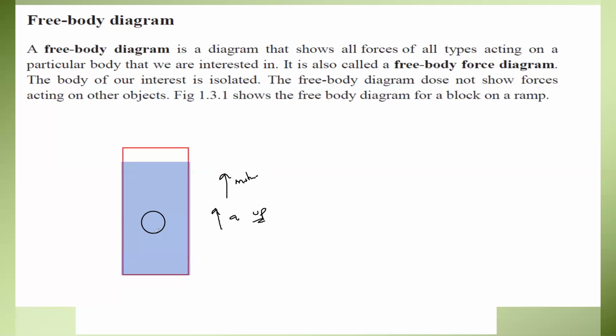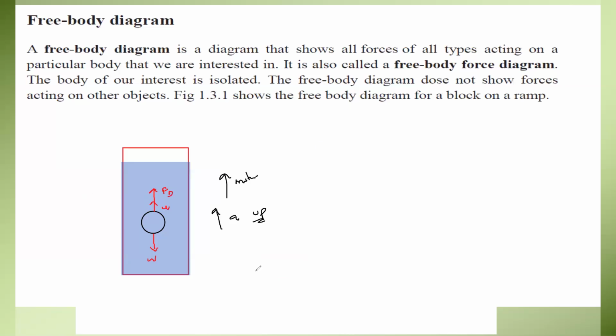And I draw the vectors, I do the weight, I do the upthrust, and I do the viscous drag. Can you identify the mistake in this diagram? Can you identify two mistakes in this diagram?